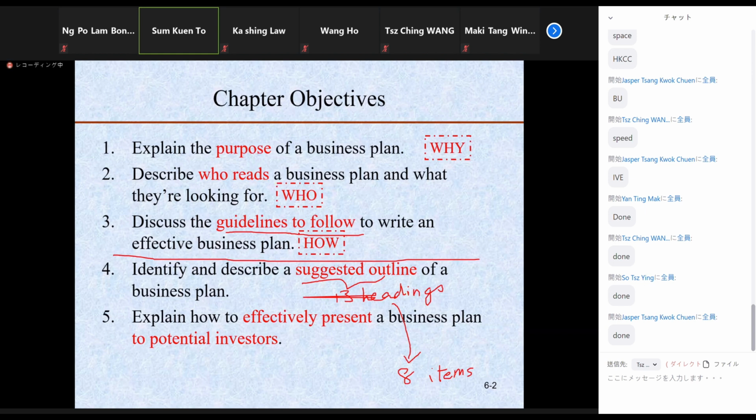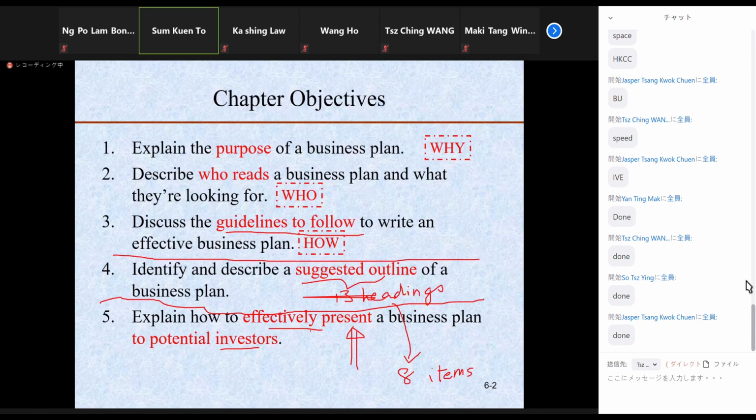And at the last part, after all this writing, you may need to go to a competition or go to a company to present your product idea to the potential investor. So presentation wise, what you need to understand or what you need to prepare. So we will talk about that, so that by the end of this chapter, you should be able to write a business plan and also make yourself professional to present the idea.